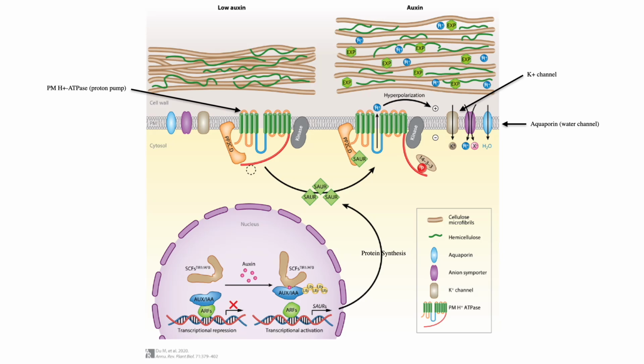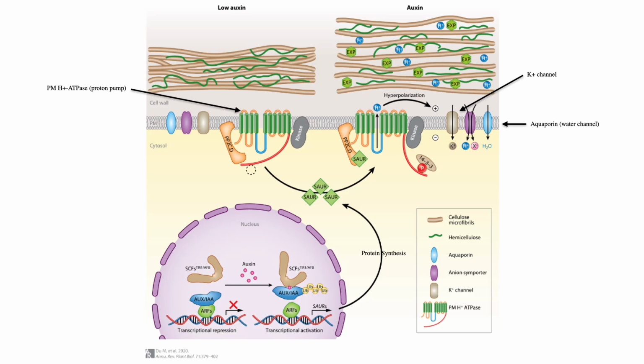This image is a simplified model for the IAA-induced proton extrusion and cell expansion from an Annual Review of Plant Biology article in 2020. Under low auxin conditions, on the left, basal plasma membrane (PM) H+-ATPase activity is maintained through the balance of phosphorylation via an unknown protein kinase and dephosphorylation by PP2C.D protein phosphatases.